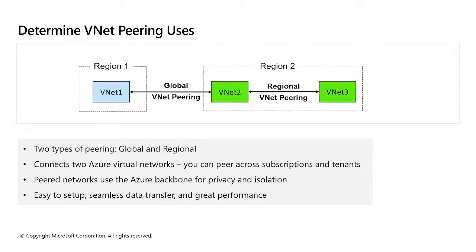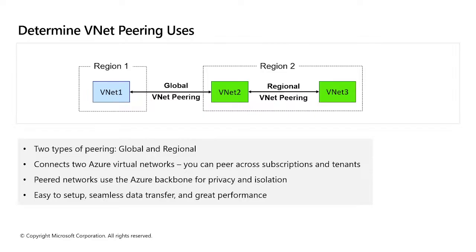So in that regard, what we're doing is like a global peering. Regardless of where you want to peer, you can peer within the same subscription, a different subscription, the same tenant, or different tenants. So there are no limitations when it comes to what you can peer.